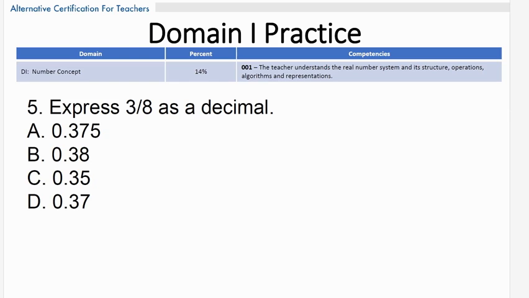I know the answer, but I want you to do it. This is, like I said, conceptual understanding. 0.375. There you go. What I'm saying here, look at the question carefully. The teacher must understand the real number system structure. The question is, they said convert this to just decimal.